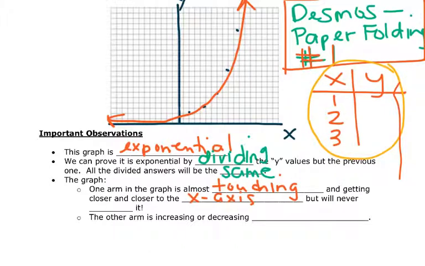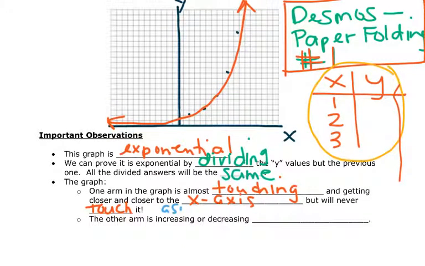But it will never touch it. Never, ever. You might have learned this before, this is called an asymptote. So it's like the x-axis is an invisible boundary that's keeping this relation from going past it.